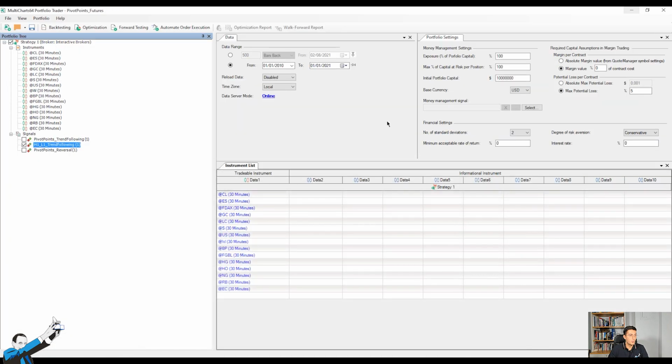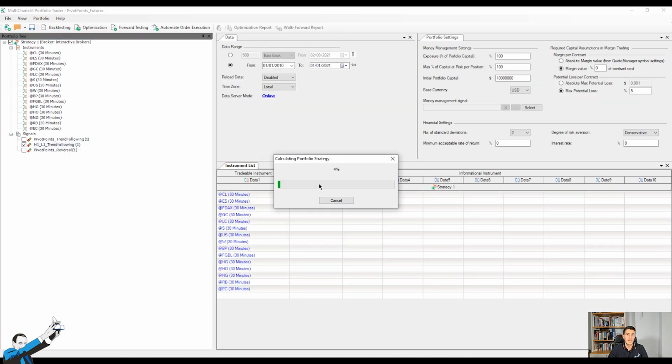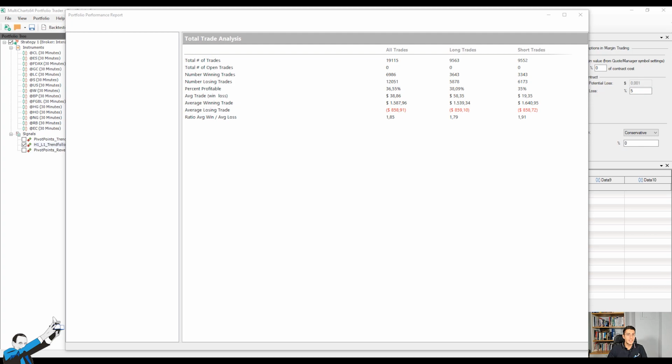So let's now backtest this strategy too, to compare the results of a more classic approach with the pivot point indicator. As we can see, the average trade is really similar to the previous results. Before it was $41 and now it is $38. So just a very tiny decrease in performance.